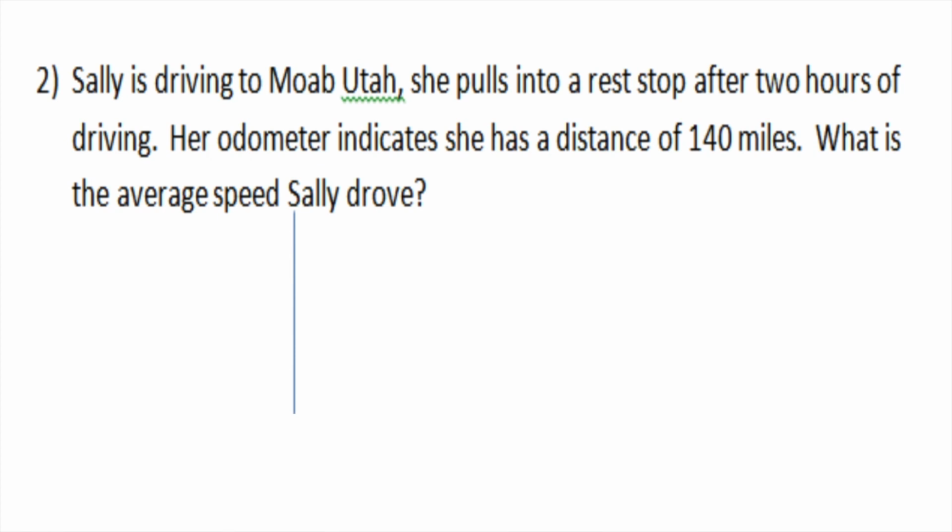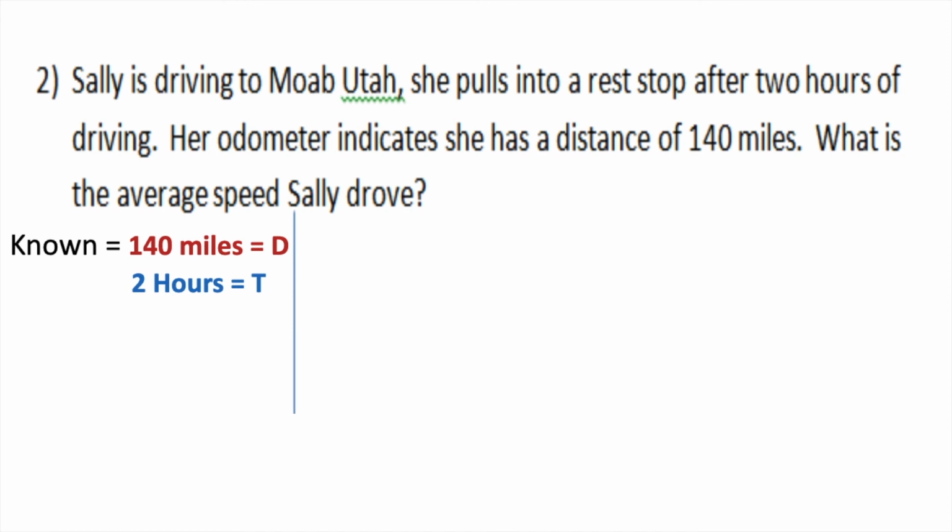Okay, let's talk about number 2 together. So number 2 says Sally is driving to Moab, Utah. She pulls into a rest stop after 2 hours of driving. Her odometer indicates that she has a distance of 140 miles. What is the average speed that Sally drove? So my first step is to list my knowns.